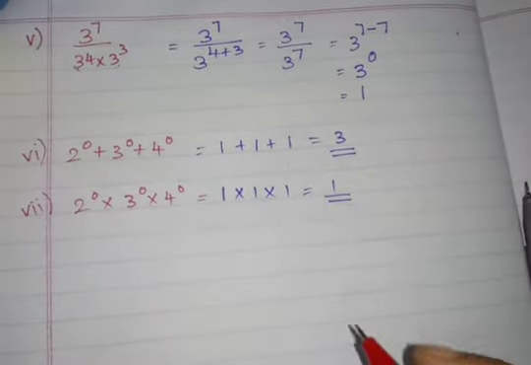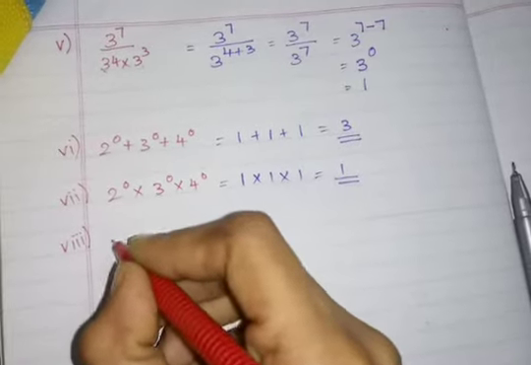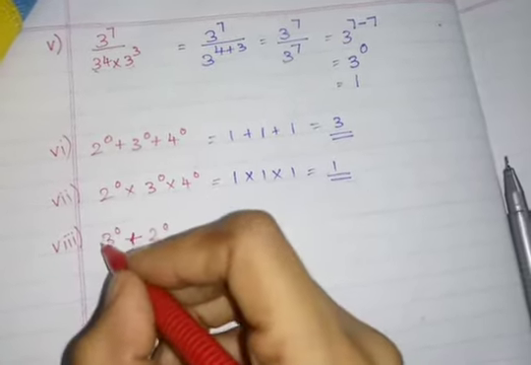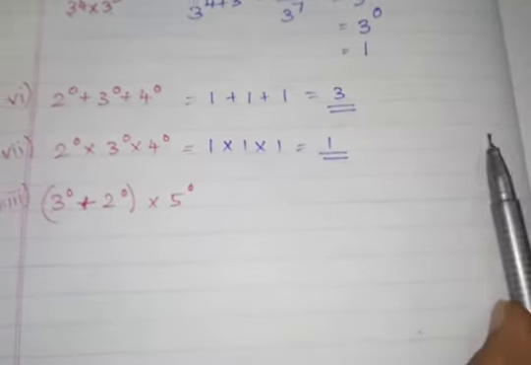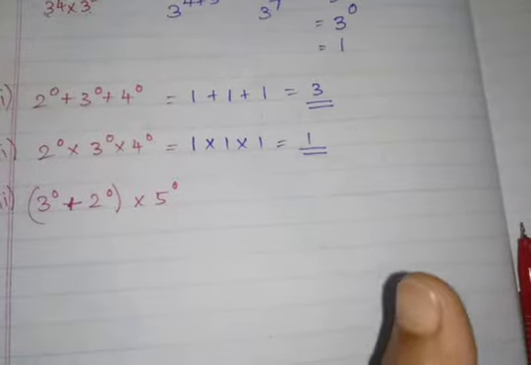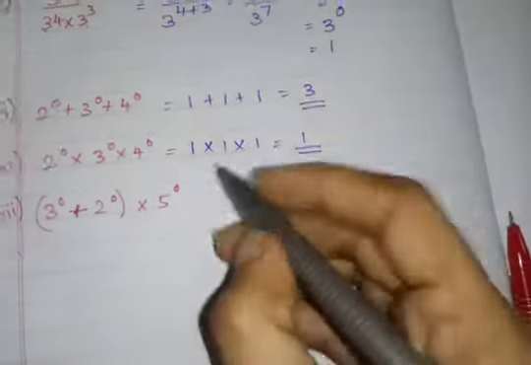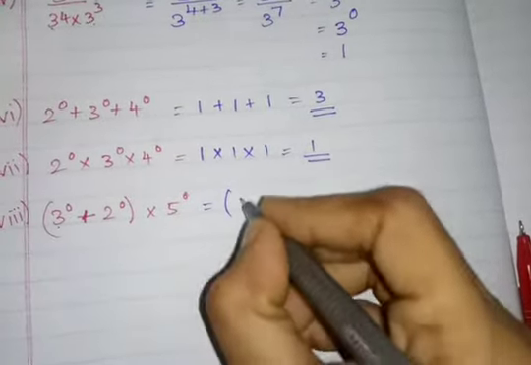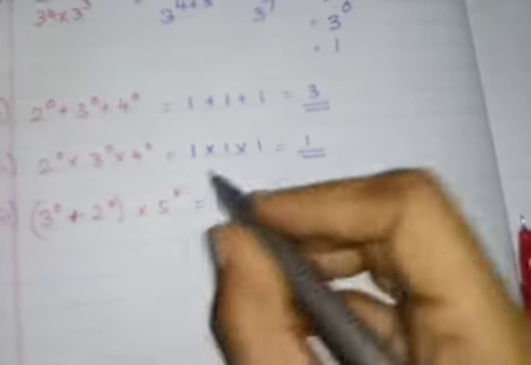Okay. Next. What is the next problem? Eighth problem: 3 power 0 plus 2 power 0, the bracket, into 5 power 0. First you should do the bracket calculation. 3 power 0 is 1, plus 2 power 0 is 1, into 5 power 0 is 1.